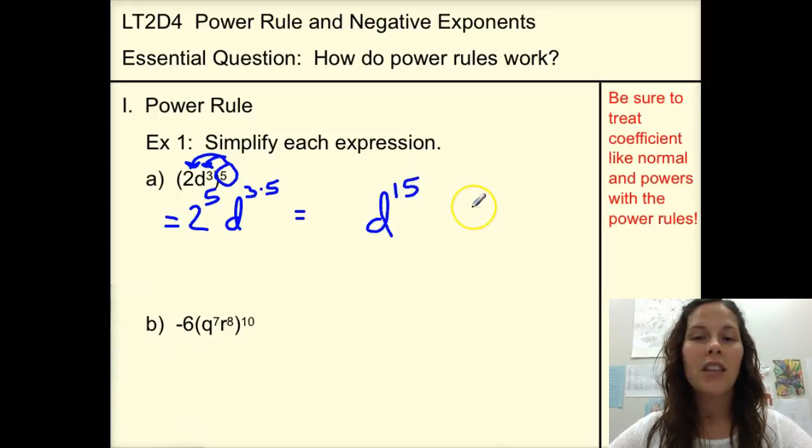Now I'm going to take a look at that coefficient, 2 to the 5th power. 2 times 2 is 4, so that's 2 squared, times 2 is 8, so that's 2 cubed, times 2 is 16, that's 2 to the 4th, times 1 more 2 gives us 32, so 2 to the 5th power is 32, and then we have d to the 15th.